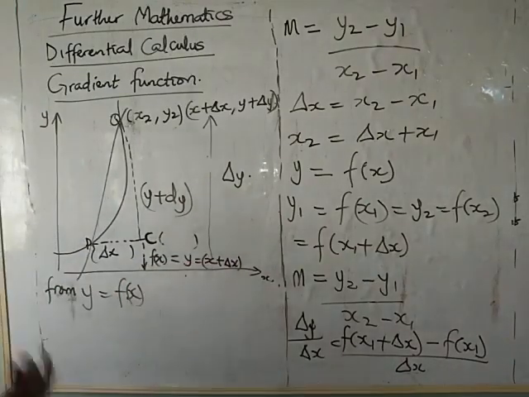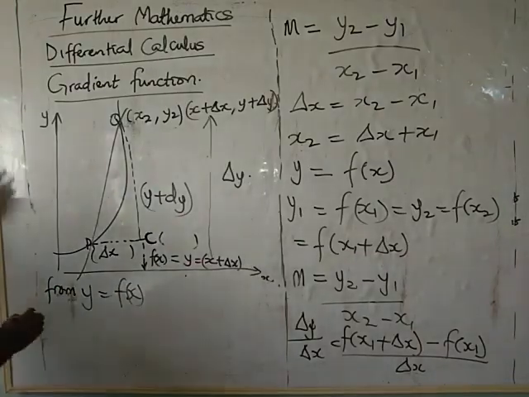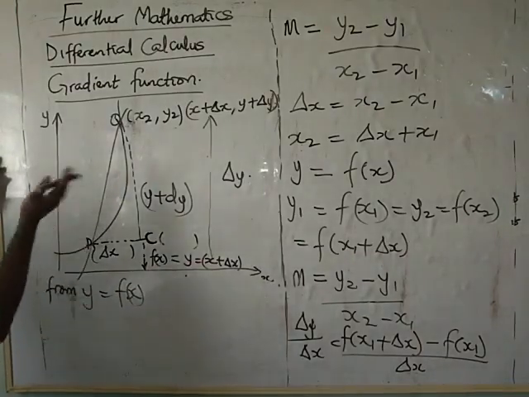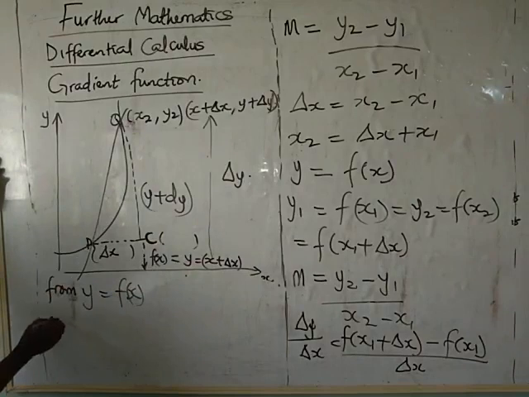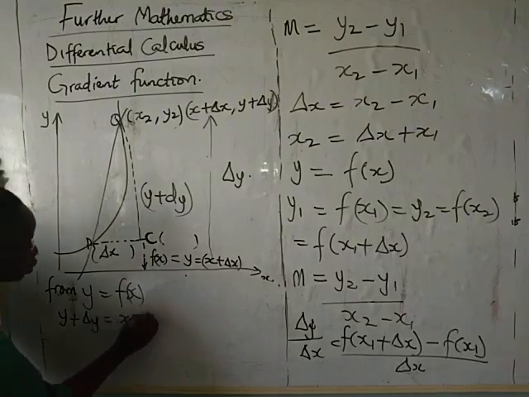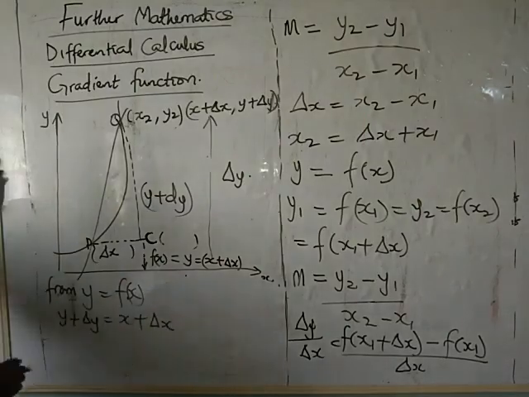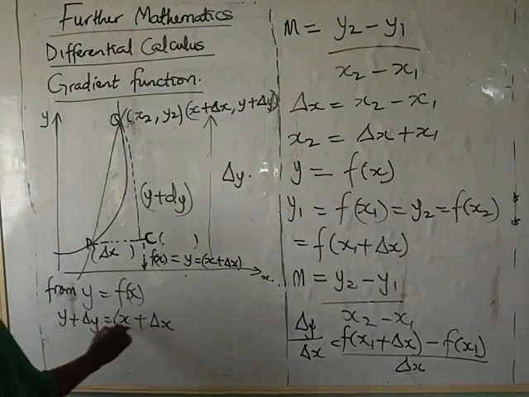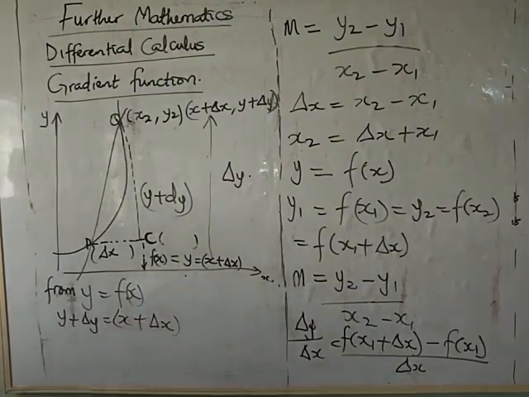X is increasing, y is also increasing. So from this place, I can utilize what I obtained from the diagram here to say that y plus delta y is equals to x plus delta x. Are we following now?